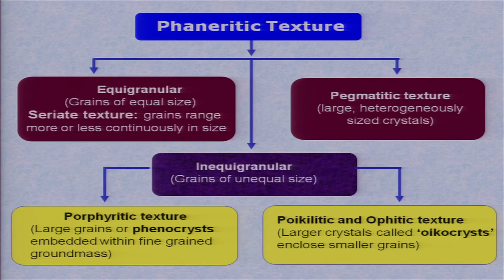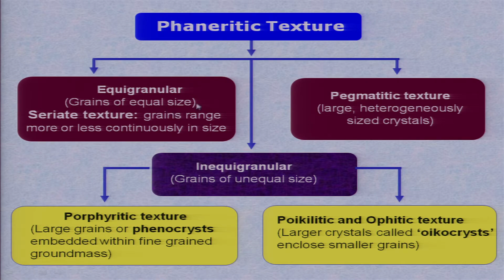Phaneritic texture is classified into two major groups based upon the grain size: the equigranular texture and the pegmatitic texture. Equigranular texture is where the grains are all of equal size. In the case of pegmatitic texture, there is a difference in the grain size; large, heterogeneously sized crystals are present.